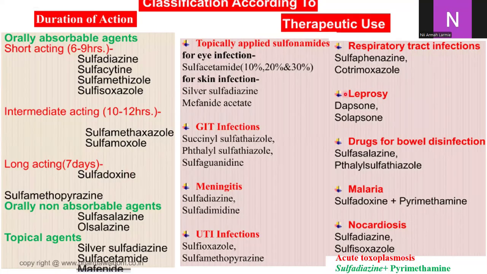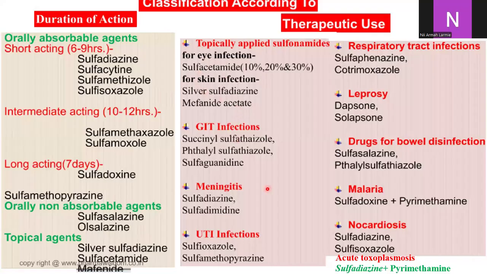Where do we use these sulfonamides? We use primarily sulfonamides depending on the one we are looking at: orally absorbable, orally non-absorbable, or topical. We have used the topical ones, for example, in eye infections and skin infections. Then we have used them for GI infections.